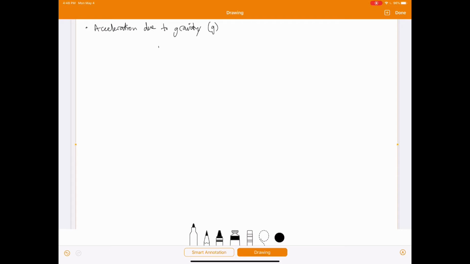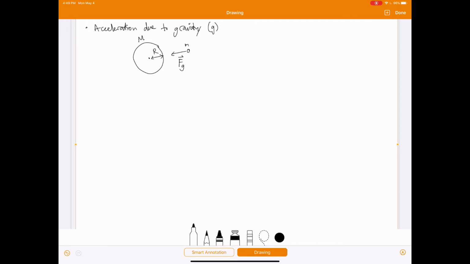And the general picture that you should have in mind is this. We have some kind of, again, dominant mass, big M. And think of it as some kind of spherical object like a planet or a star. And in the vicinity of that massive object, we have a little object, lowercase m.